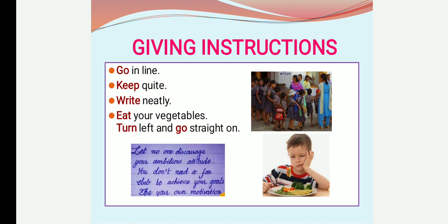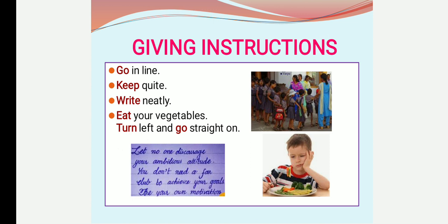Just look at the verb. We use the verb only in present form while we are giving a command or requesting anything. Just check that. We use only the present form of the verb. Let us see the example: the children are going in line. It is a command or an instruction given by the teacher when you are in school. Next, see the picture: with neat handwriting.